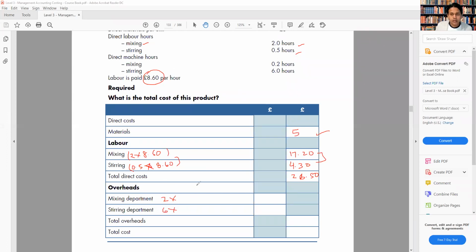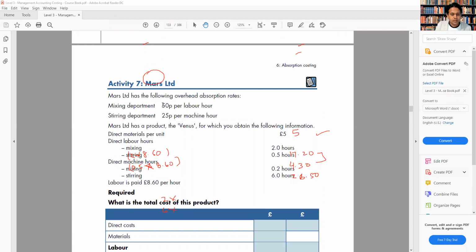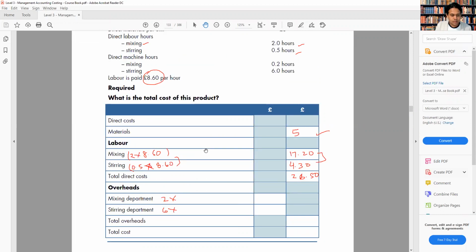And the per hour, the question said 50 pence for the labor and 25 pence for machine. So let's have a look. So how much will be our, that will be 50 pence, isn't it? And for that it will be our 25 pence.